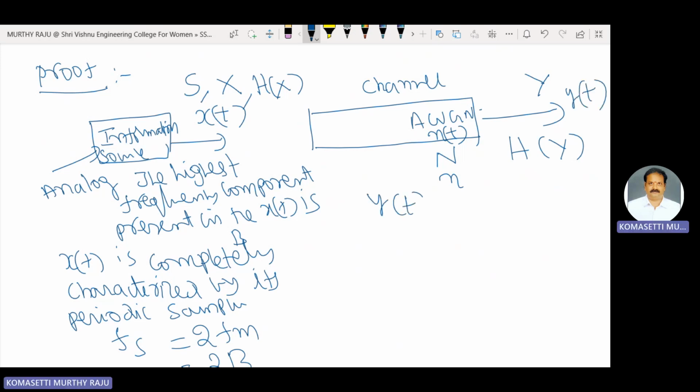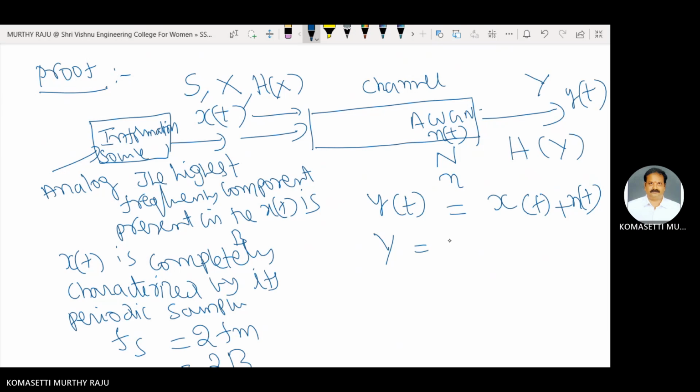Therefore, the output signal y of t is equal to x of t applied to this channel plus n of t. In terms of random variables, Y is equal to X plus small n.